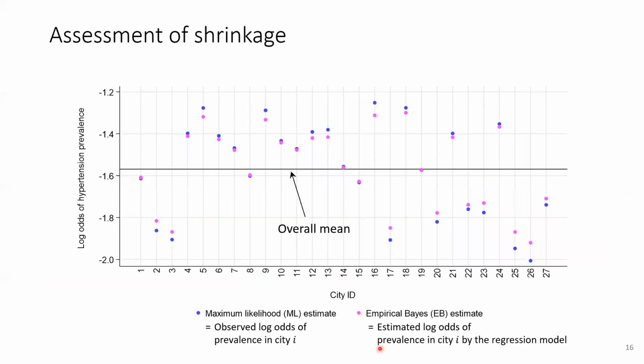And well, this is about the assessment of shrinkage. The blue dots show observed log odds of prevalence of hypertension. When I say observed, when we have a sample, we can just calculate prevalence using the people in our sample by taking the average of the hypertension variable.